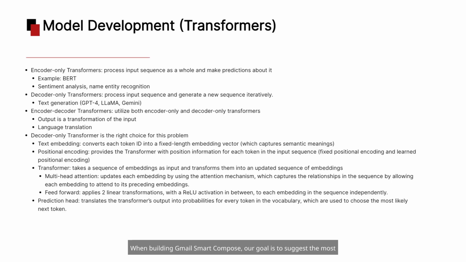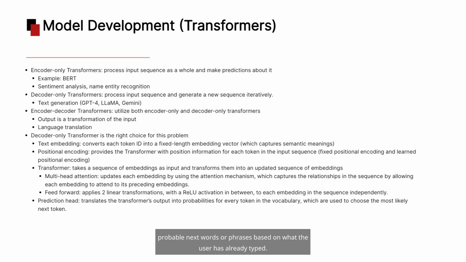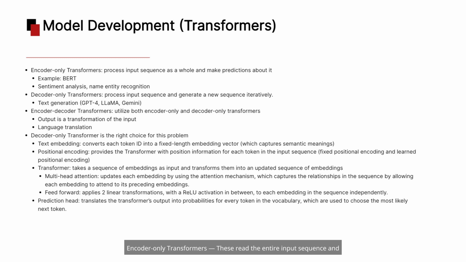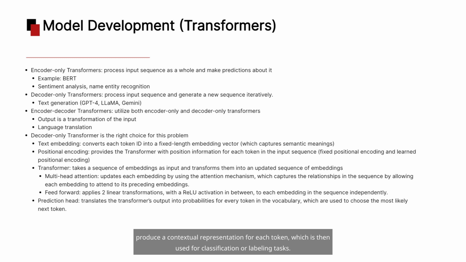When building Gmail Smart Compose, our goal is to suggest the most probable next words or phrases based on what the user has already typed. To do this effectively, we need to choose the right transformer architecture. There are three main types of transformer models. Encoder-only transformers read the entire input sequence and produce a contextual representation for each token, which is then used for classification or labeling tasks.